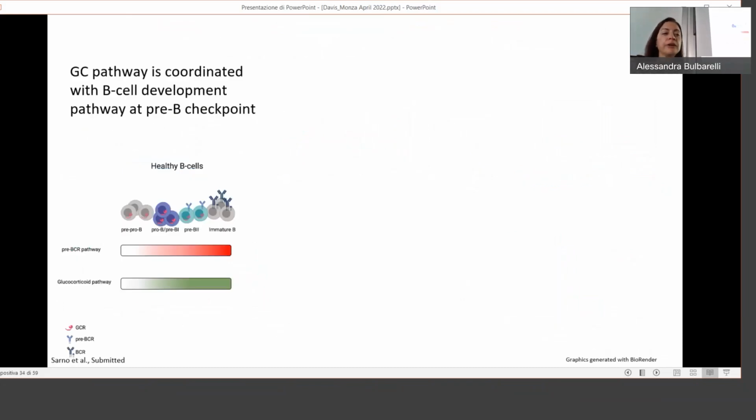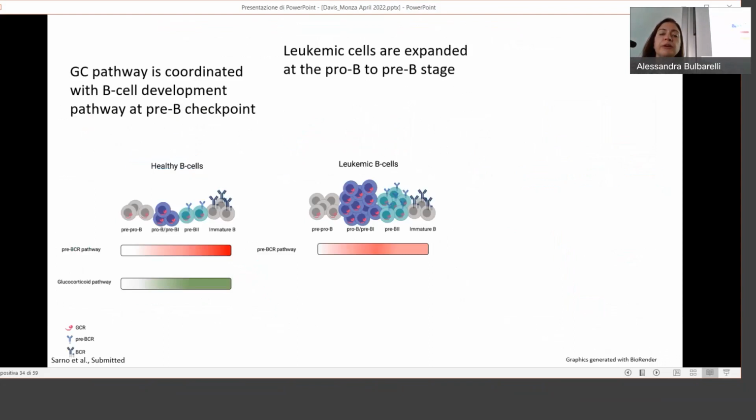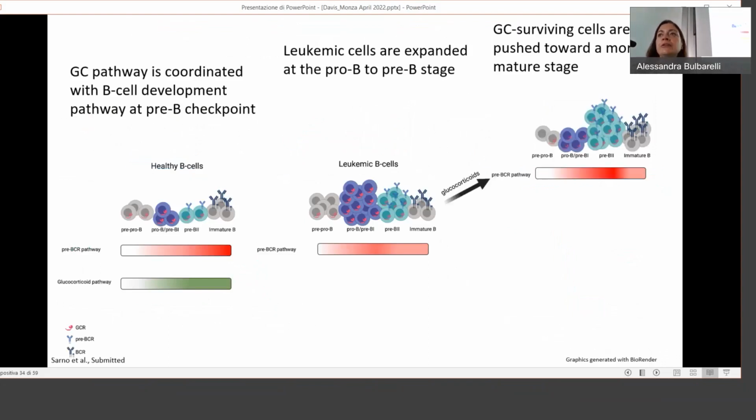So to end this part, what we really found was that the glucocorticoid pathway seems to be coordinated with a B cell development pathway in normal cells. And this seems to be important in regulating the pre-B cell checkpoint. In leukemic B cells, we know that there's this expansion at the pro-B to pre-B transition, and these cells maintain developmental expression of the glucocorticoid receptor.